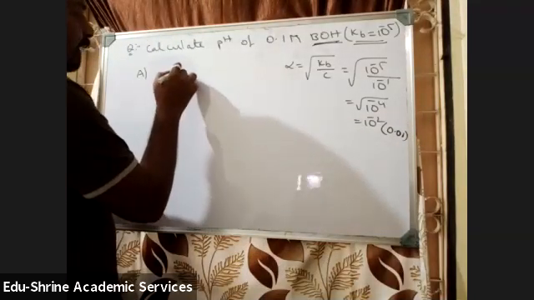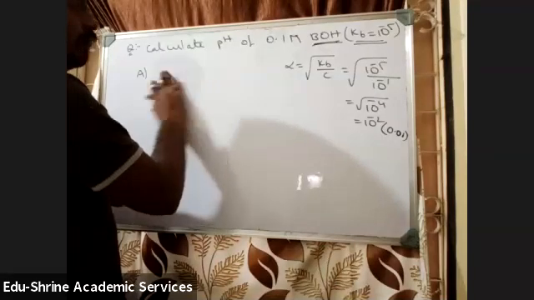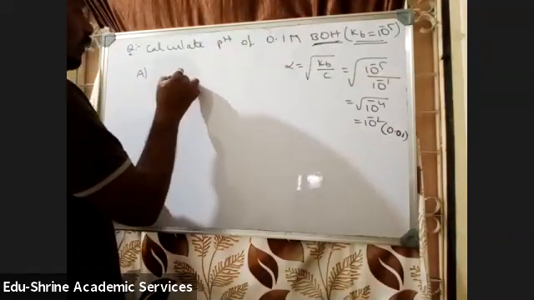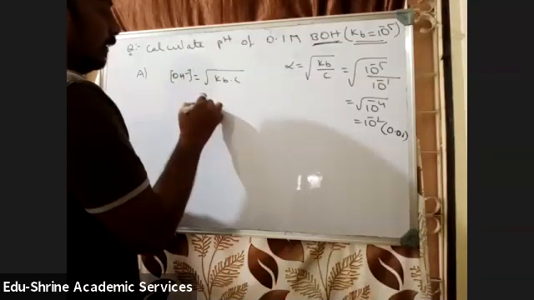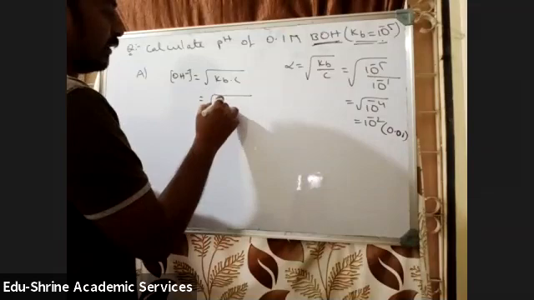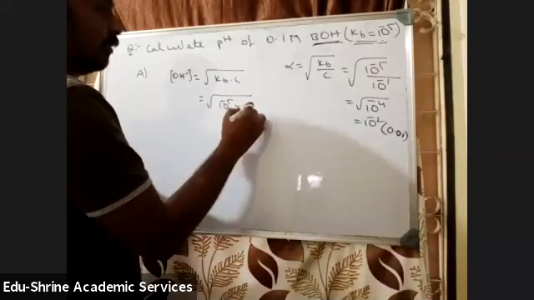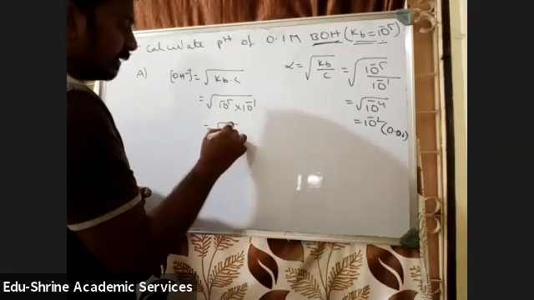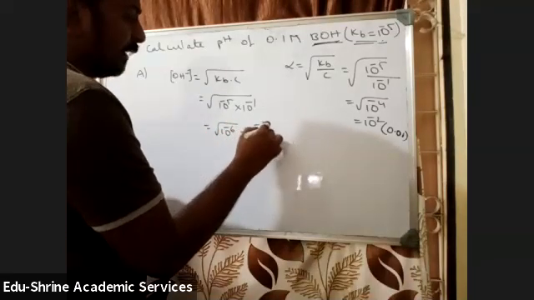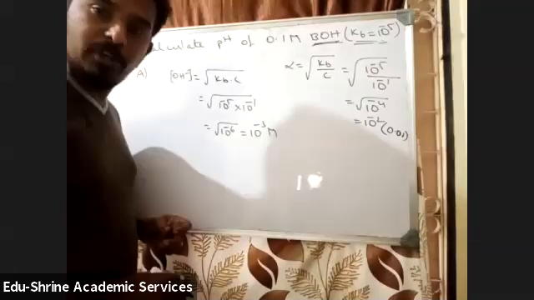If I neglect the value of alpha, directly you will get the OH minus concentration, because it is a base, equal to root Kb into C. Kb value is 10 power minus 5 into C is 10 power minus 1, so that is root 10 power minus 6. 10 power minus 3 molar is the concentration of OH minus.